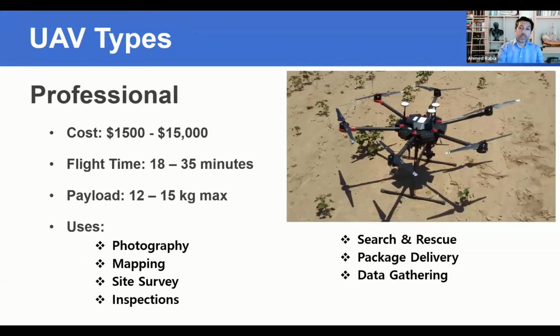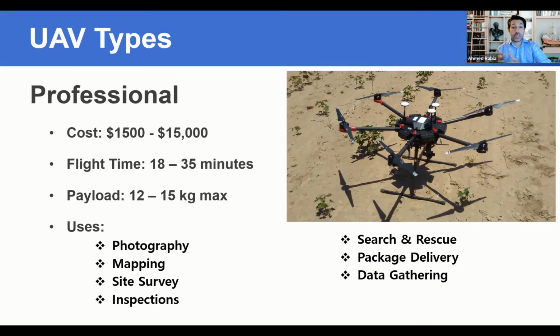And then we have the professional drones or professional UAVs, and these are the expensive ones, starting from $1,500 to $15,000. These are bigger drones. They can fly longer, from 18 minutes up to 35 and sometimes more. It depends on the weight, the load, and the sensors you mount. Of course, they can hold a bigger payload, so you can mount bigger sensors, more sensors.